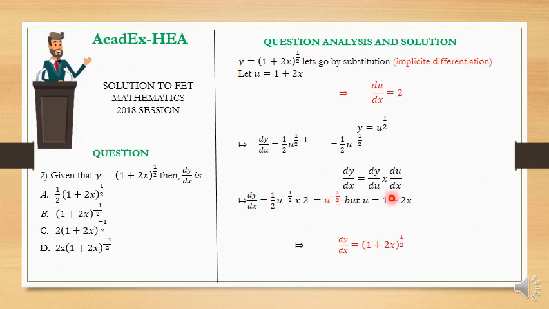And we know that u is equal to 1 plus 2x, that we let u to be 1 plus 2x here. So u is equal to 1 plus 2x, and then we'll fit it here. So our dy dx is u raised to the power of negative half. U is 1 plus 2x, so we have 1 plus 2x raised to the power of negative half.